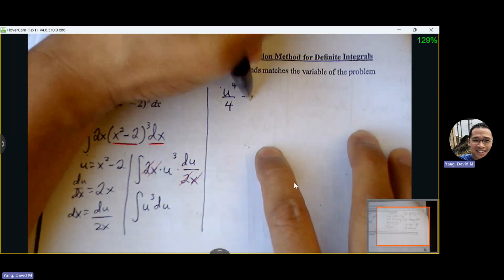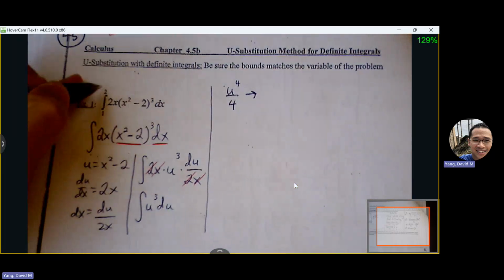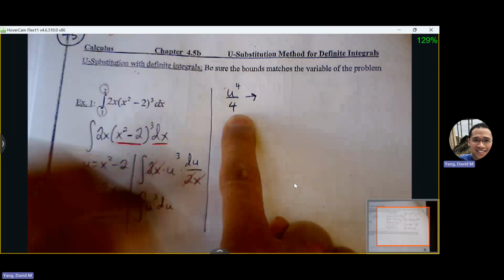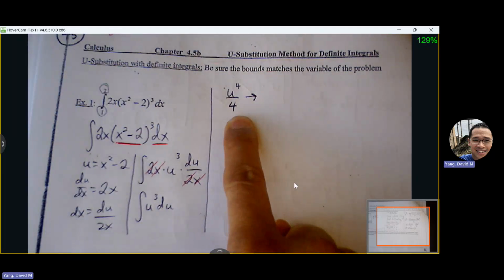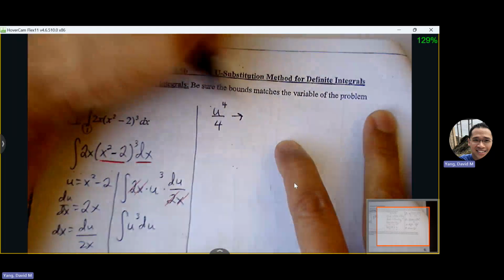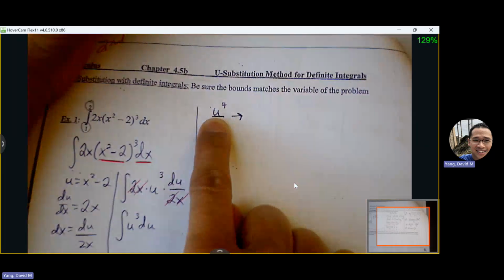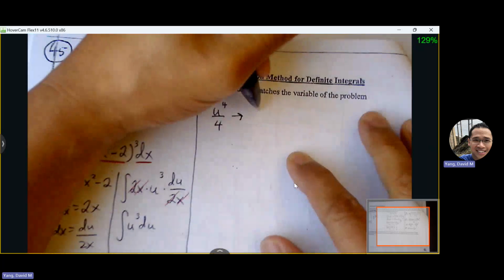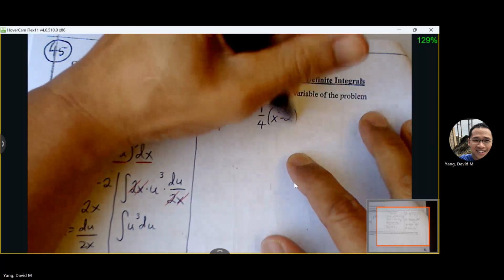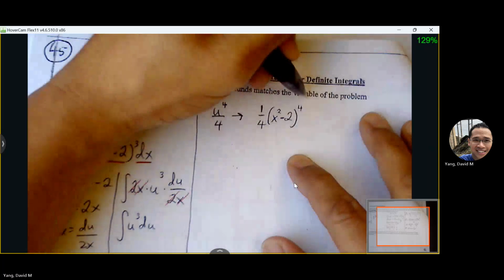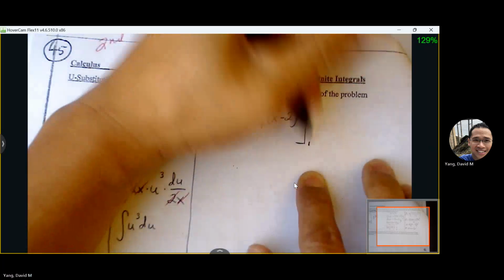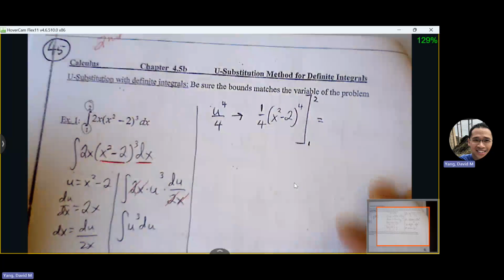But these bounds are in terms of what variable? In terms of x, but right now we have a temporary variable u. So one method, which I would prefer, is we're going to bring everything back in terms of x, like how we normally would. So u becomes x squared minus 2. And then once we have our antiderivative in terms of x, we can plug in our upper and lower bound.